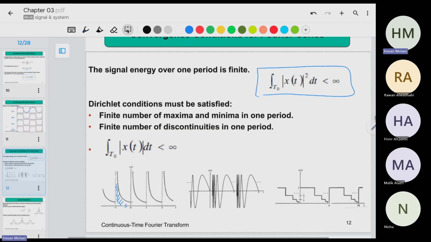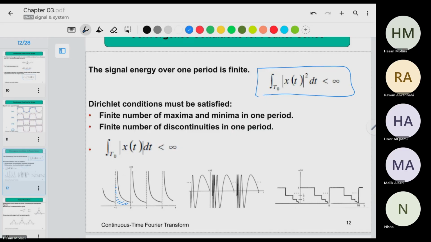You know, on -1, the value is exactly infinite. So you cannot write a Fourier series for this one because its energy is unlimited.